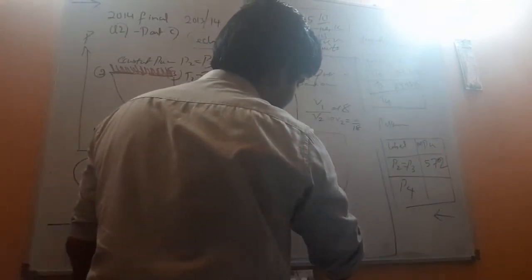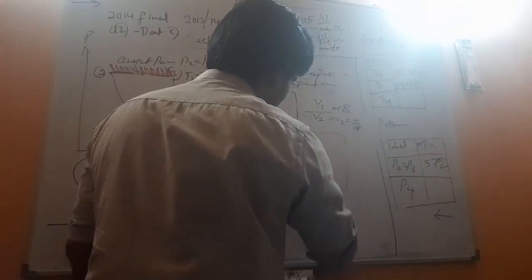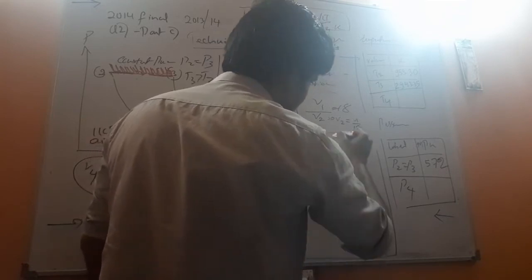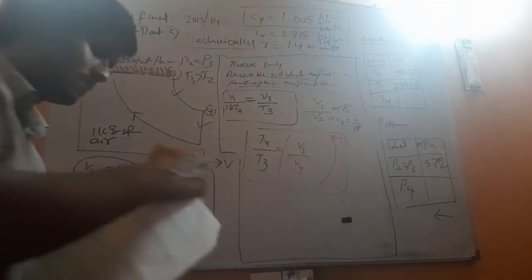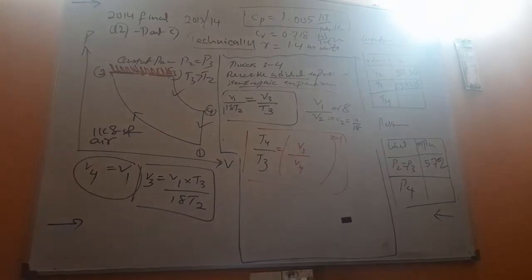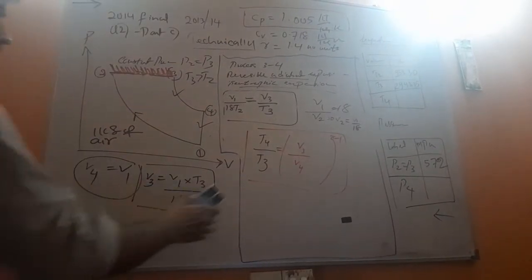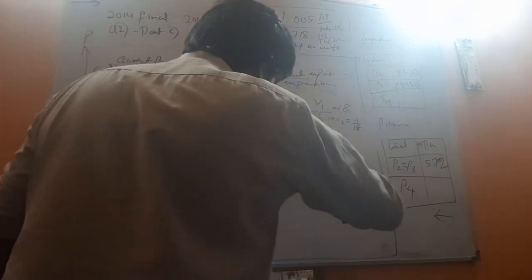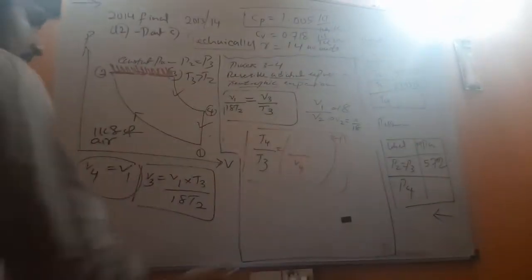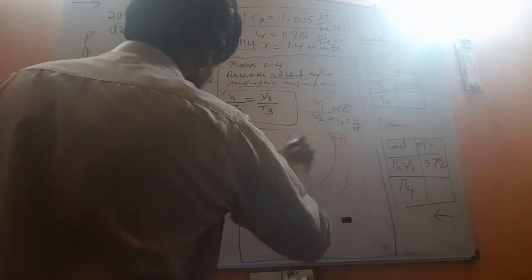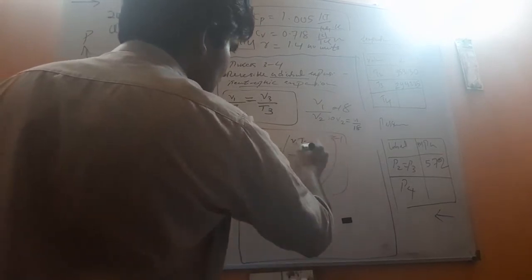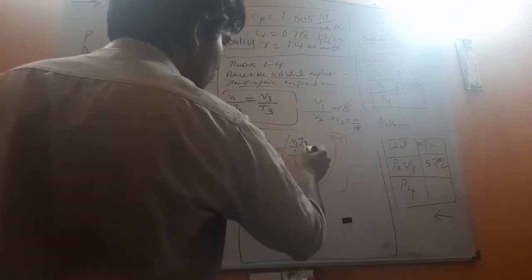V3 divided by V4 to the power gamma minus 1. Okay. What is V3? You can put this value, V1 T3 divided by 18 T2.